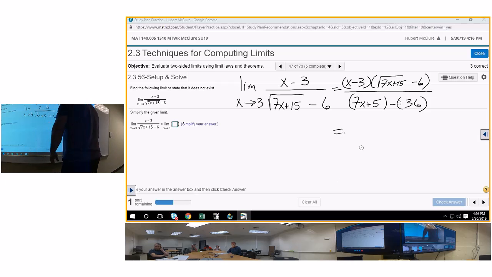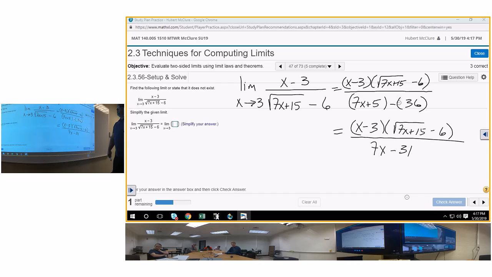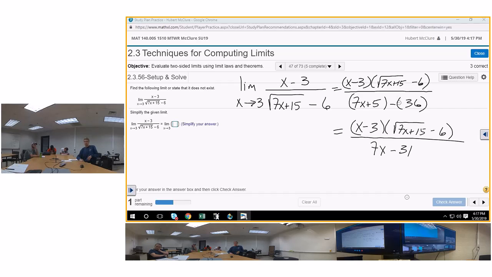All right, so x minus 3 times the square root of 7x plus 15 minus 6 over 7x minus what? What's 5 minus 36? Negative 31? Y'all check me.